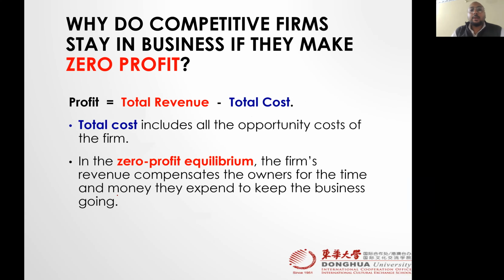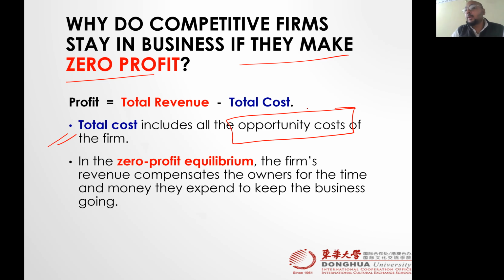Now, why do competitive firms stay in business if they make zero economic profit? I told you, zero economic profit doesn't mean that there is no accounting profit. Yes, there is accounting profit, but there is no economic profit, because all the opportunity costs, implicit and explicit, are included.